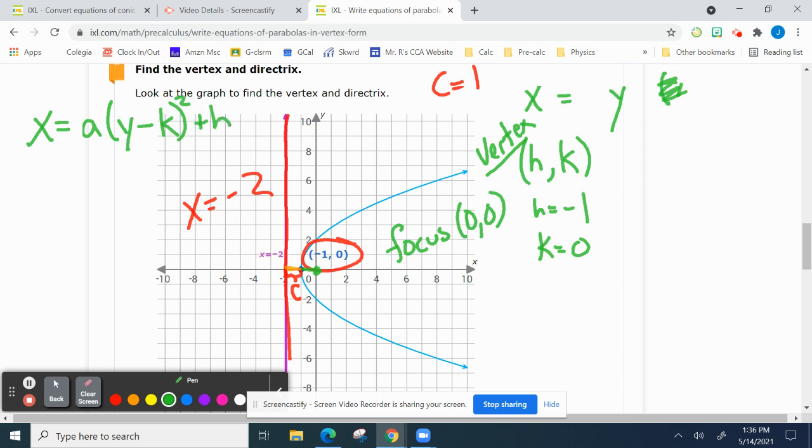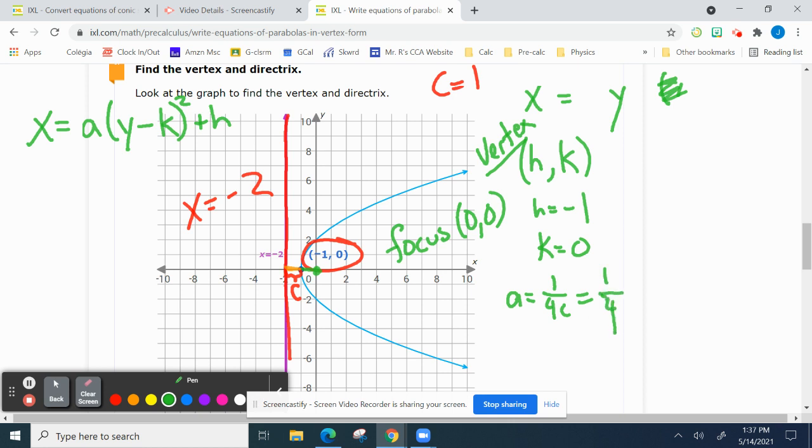So over here, we got our h and our k. Now the only thing we have to find is our a. And what does a equal? A equals 1 over 4 times c, right? So c is what? C is 1. That's all it is. So a equals 1/4.